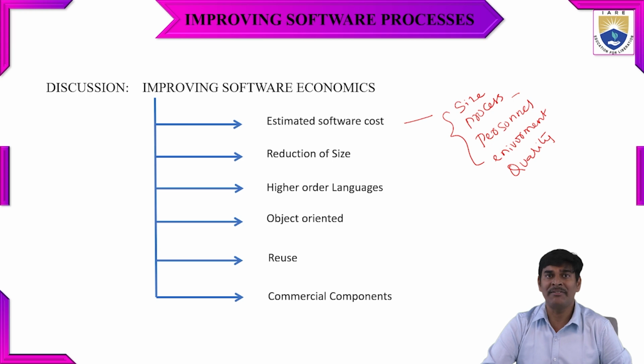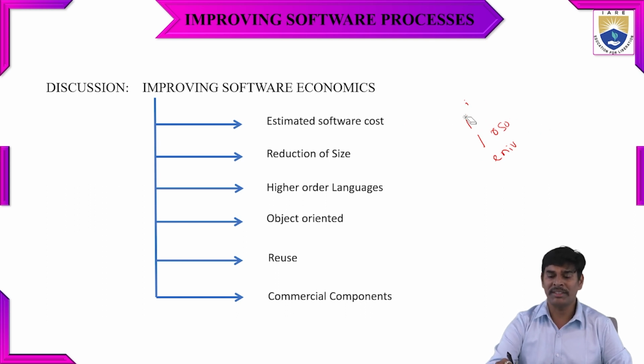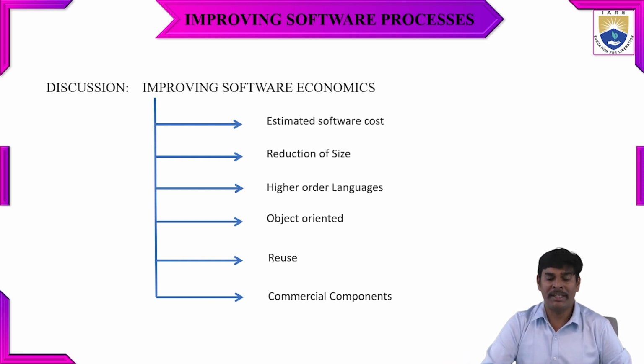If it is less than 1, then we can call it an economy of scale here. If it is greater than 1, then we call it a diseconomy of scale. So in improving software economics, these 5 parameters are mainly used to estimate the cost. Among these, the first topic we have seen is reduction of size.